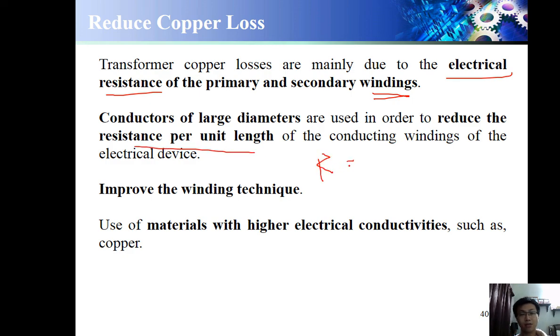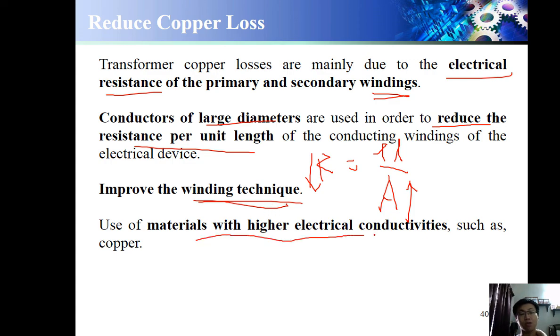R equals rho L over A. When A increases, R will decrease. So one way is we reduce the resistance per unit length. Another is we improve the winding techniques. Another one, we use a material with higher electrical conductivity or lower resistivity, such as copper.